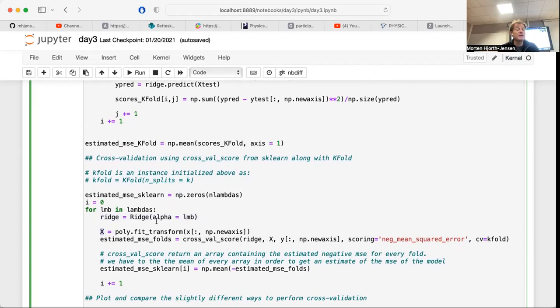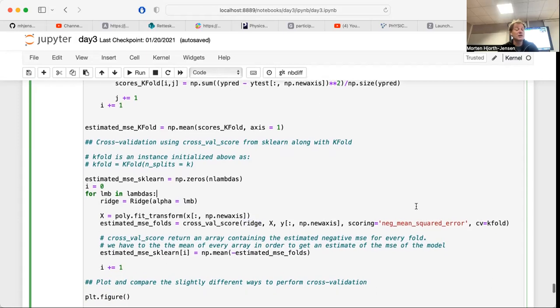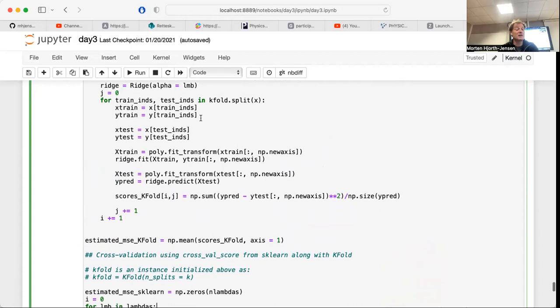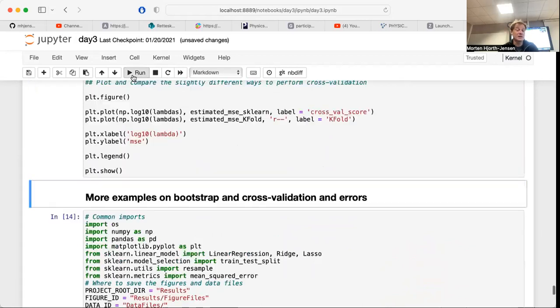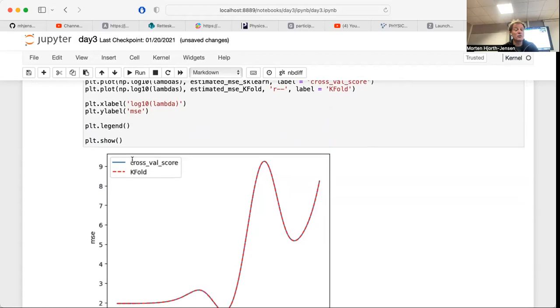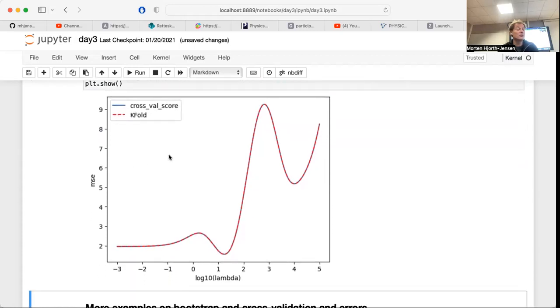Then I feed the method into the cross_val_score, which computes the mean squared error for me with the ridge regression, and it takes as input the number of folds, which in this case is 5. If I've written my code correctly, I should get the same result, and you will see that when you compare my own to scikit-learn, I get the same answer.